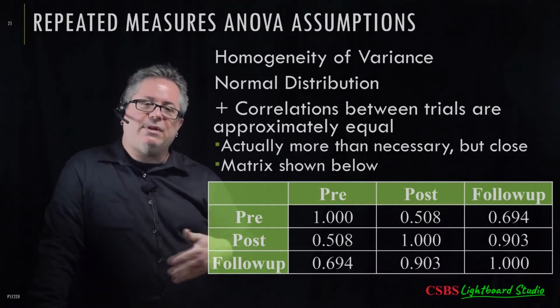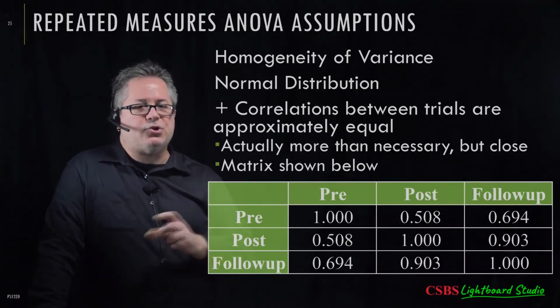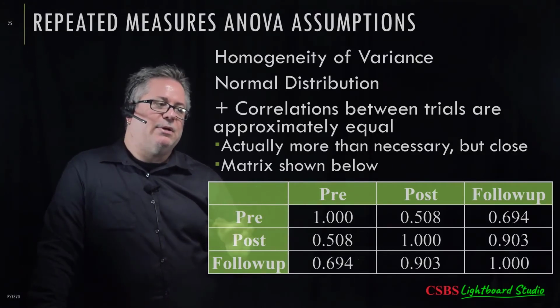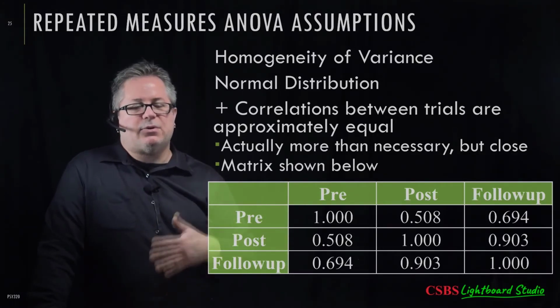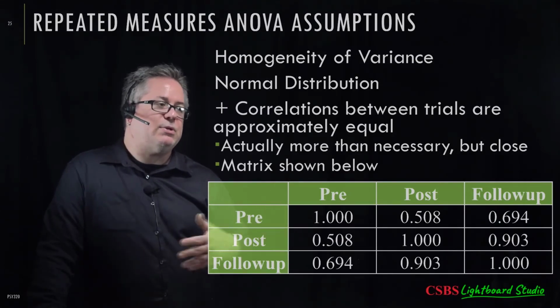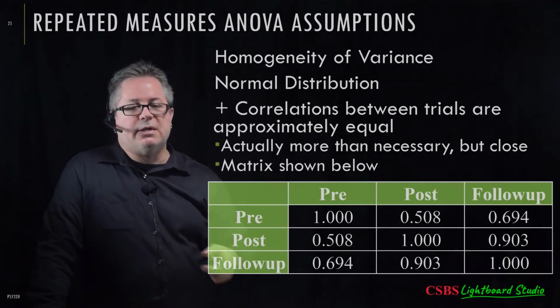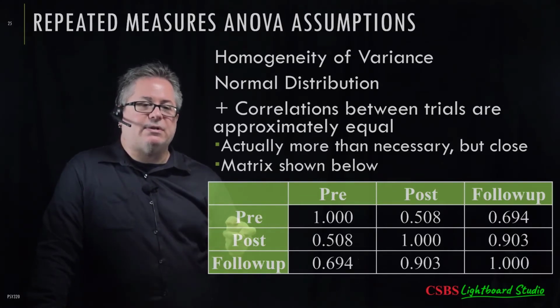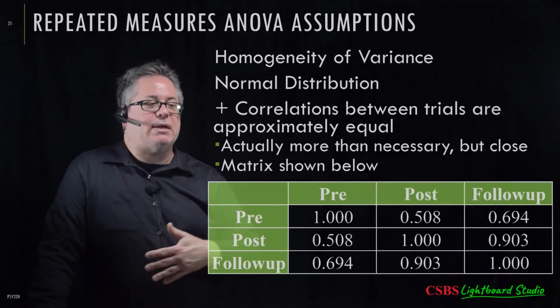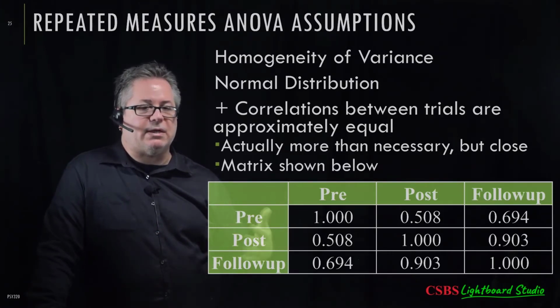There's really more going on than just a change in level of memory. Lots of other things are happening. So we want the variances around recall to stay consistent, and we want the correlations between time points to stay consistent, so that when we look at mean differences, we can say that there is a mean difference that explains what's happening, because everything else is staying consistent.